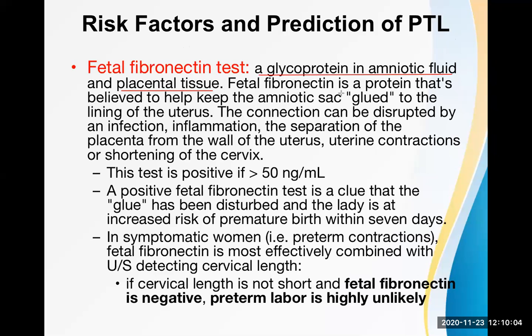This fibronectin is a protein that is believed to help keep the amniotic sac glued to the lining of the uterus. Try to understand this. The function of this protein is continuation of pregnancy. You remember like this. So how? It is helping the attachment of the amniotic sac to the lining of the endometrium.